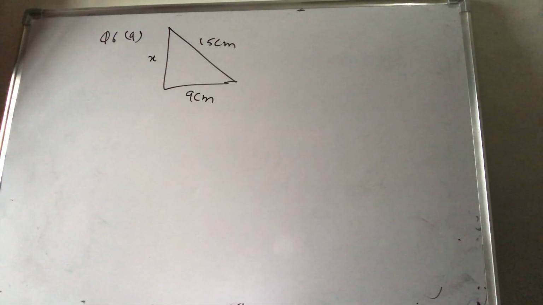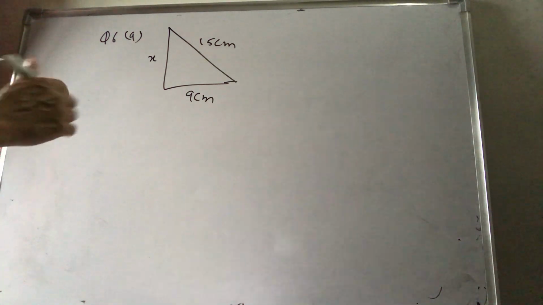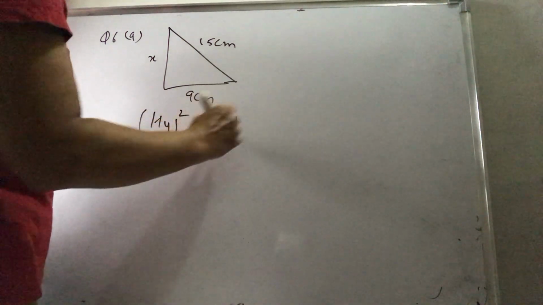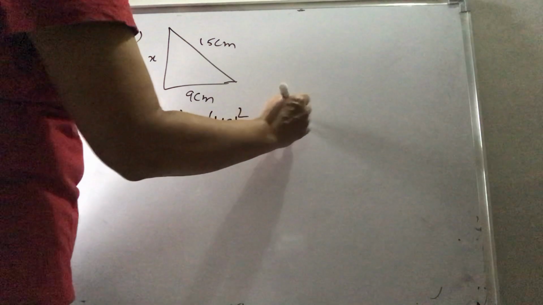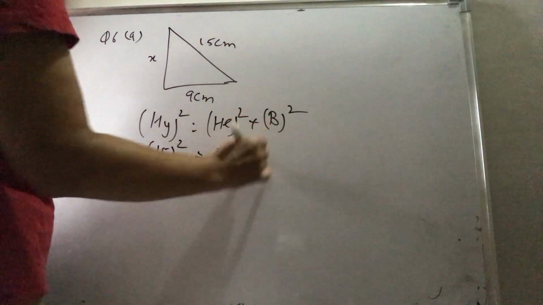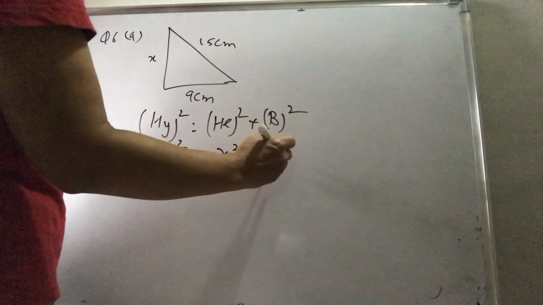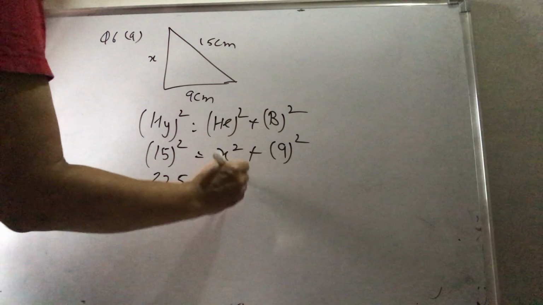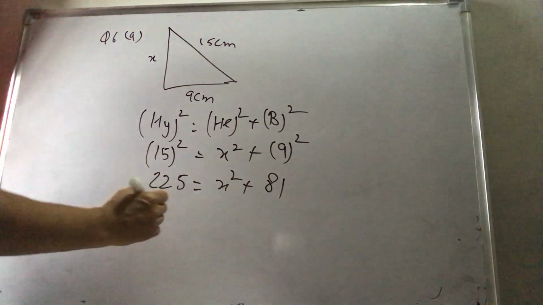That means we have to find the value of x, means we have to find out the height. Since it is a right angle triangle, we will use Pythagoras theorem. Hypotenuse square is equal to height square plus base square. 15 square is equal to height is x, we will write it as x square, and base is 9, we will write 9 square.